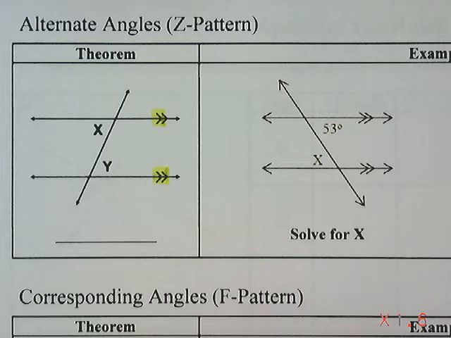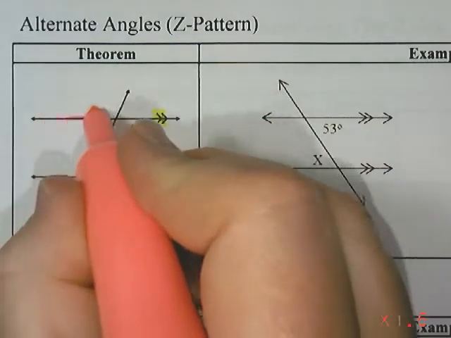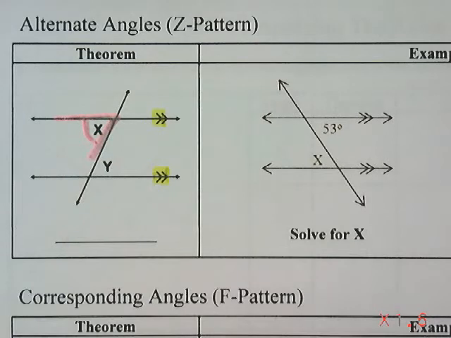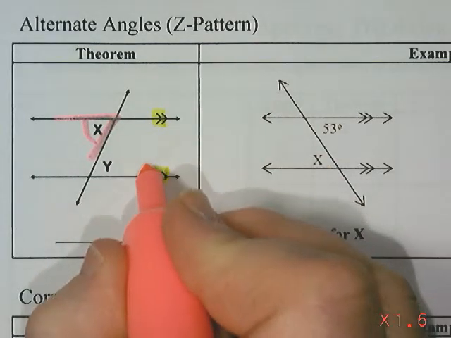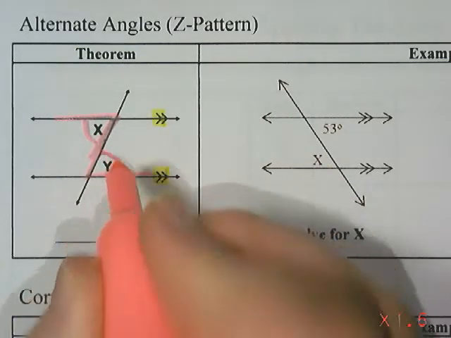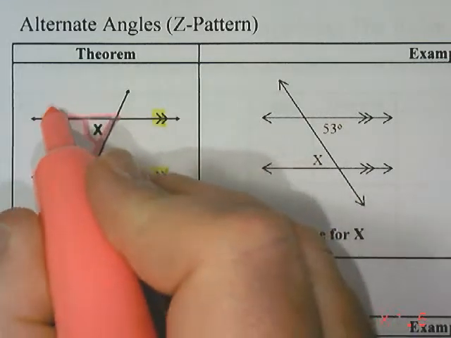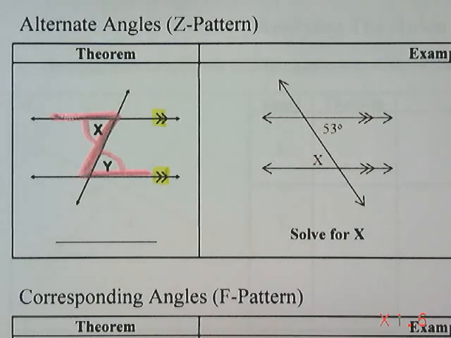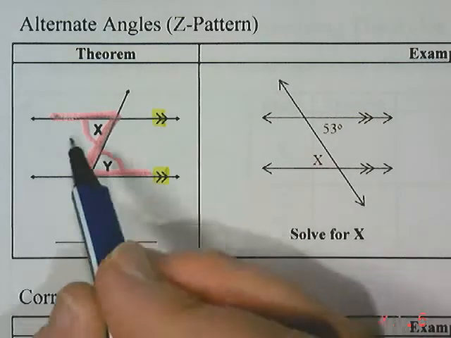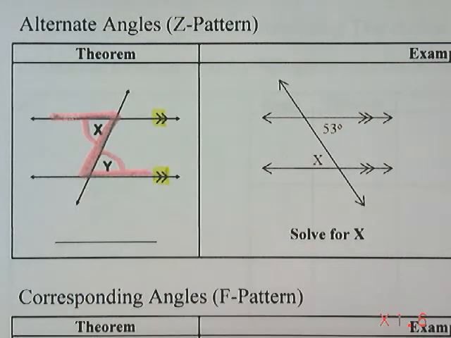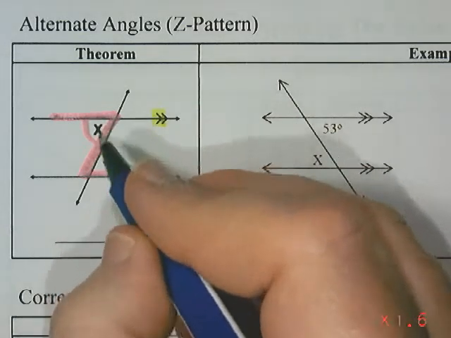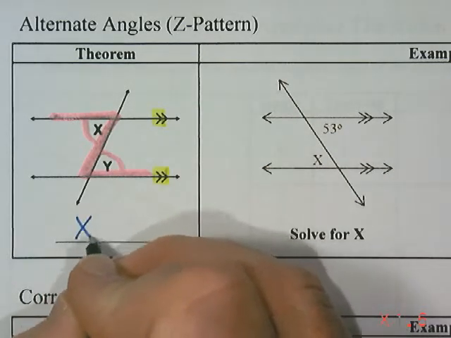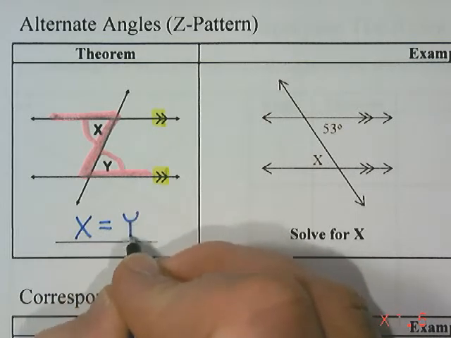So if I take a look at angle X and I trace over angle X, and I take a look at angle Y and I trace over angle Y, you'll notice that they make a big Z. Now, sometimes the Z will be going forwards, sometimes the Z might be going backwards, right? But we're still just looking for that basic shape. And these 2 angles in Z pattern are equal. So X equals Y.